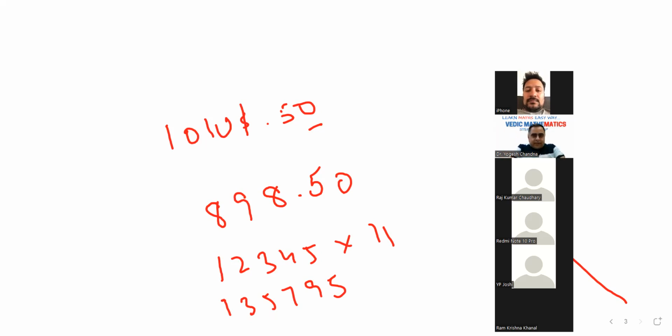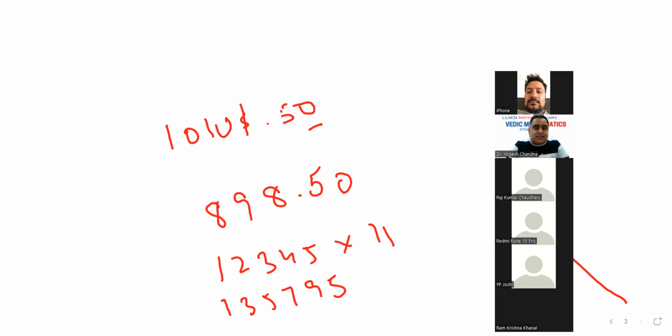You just have to say, if it is 25, the answer is the first digit multiplied by its next one more. So 2 into 3 is 6 and 5 is always 25. So 625. Similarly, if it is 105, 10 into 11 is 110 and 25. So 11025. If you go the normal way, you'll take around 3 minutes to solve it.